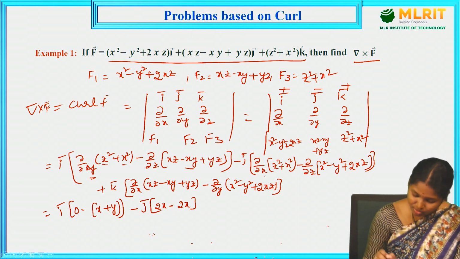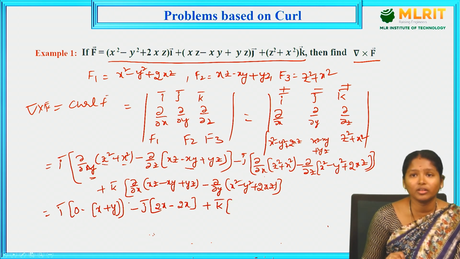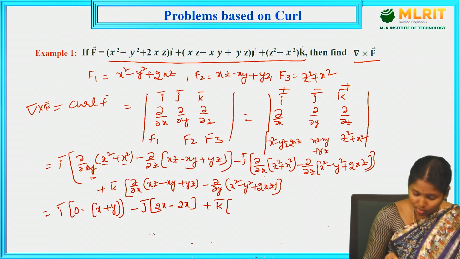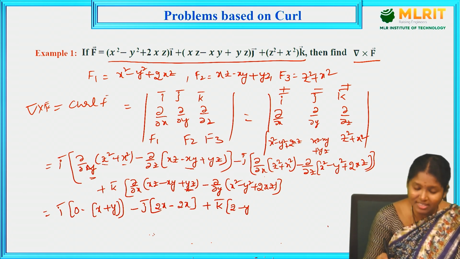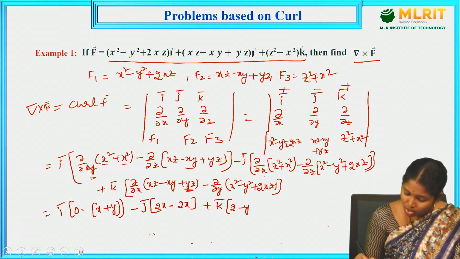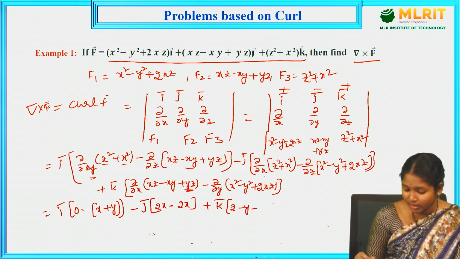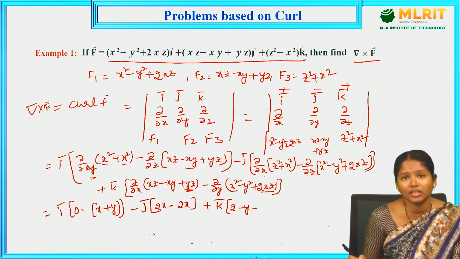So minus 2x, plus k bar into: with respect to x you are differentiating, so y and z are constant. So xz minus y, here yz is there, y is constant, z is constant, constant derivative is 0. So minus, with respect to y you are differentiating, so x square is constant, xz is constant, these constant derivatives are 0.